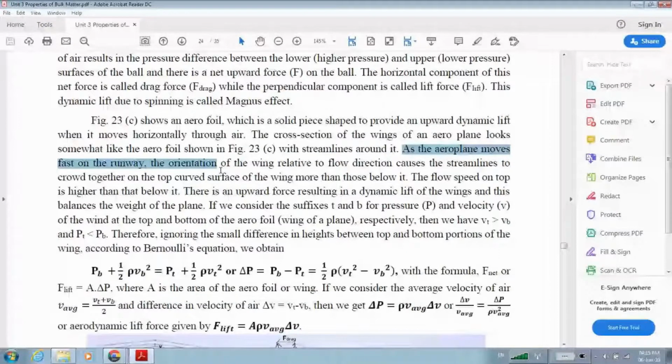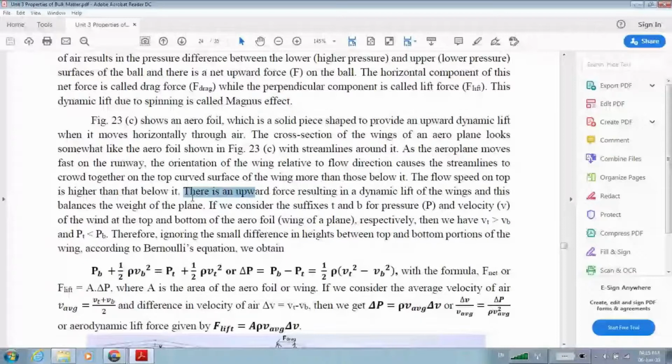As a result, the upward force, or what we can call the aerodynamic lift, will take place, and when the upward thrust force, or aerodynamic lift force, balances the weight of the aeroplane, the takeoff takes place. Here, the weight of the aeroplane will be acting downwards, whereas the upward thrust or lift force will be acting upwards.